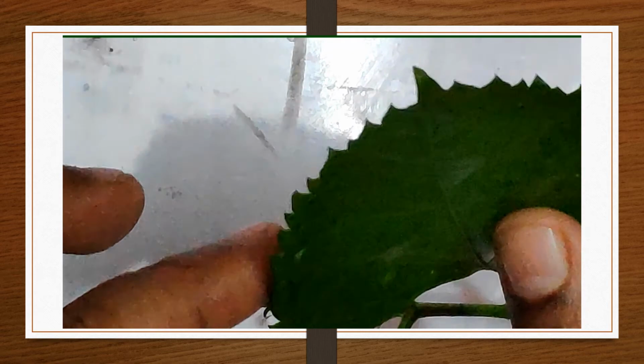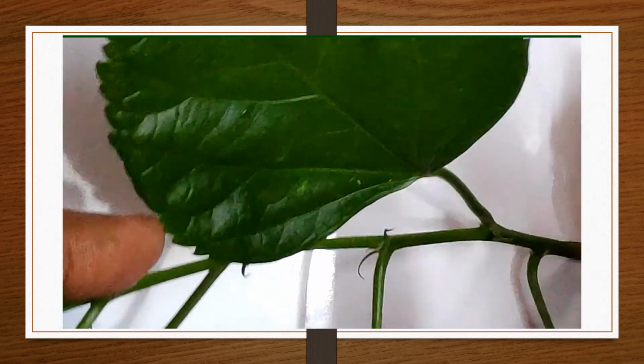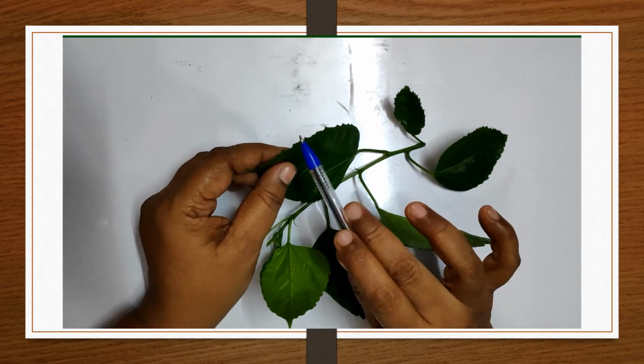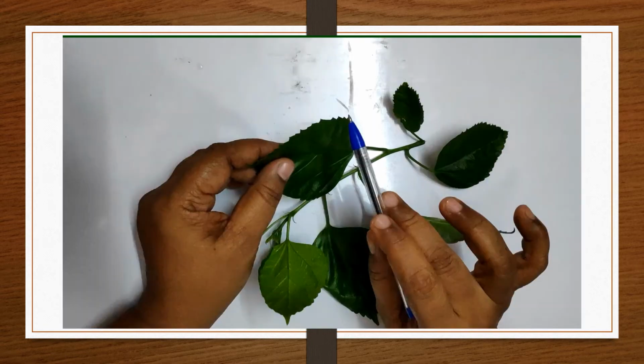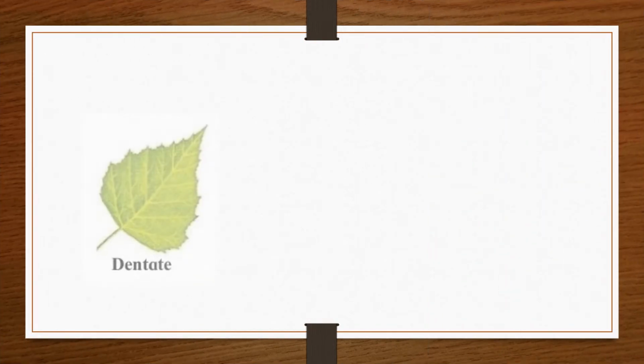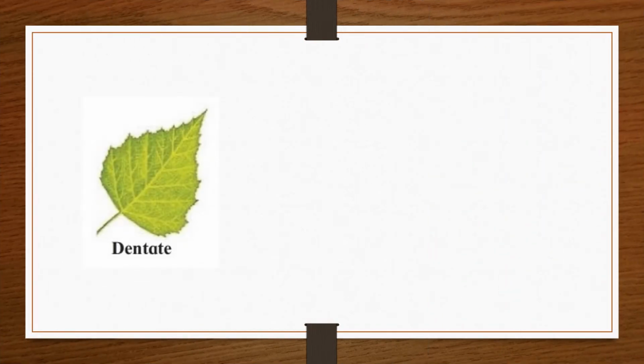So this margin is called a dentate margin. See the dentate leaf.